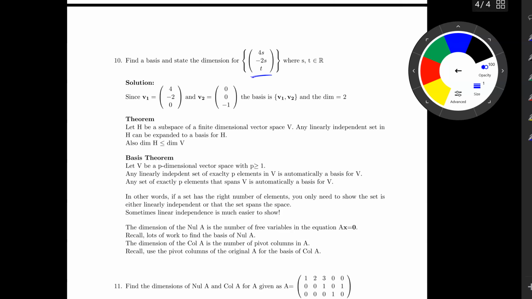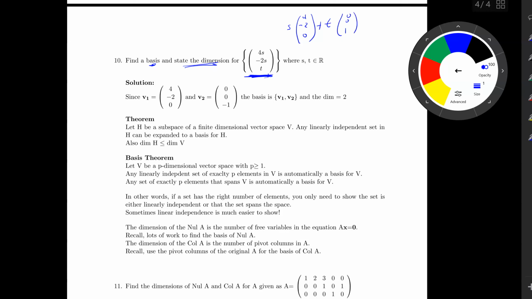Okay, so here I have a set. I want you to find a basis and find the dimension for this subspace that's spanned by this set of vectors. So first off, I need to find what the basis is of this set of vectors. The basis will be the set of vectors that span. So I can see I can pull an S out and then pull a T out.